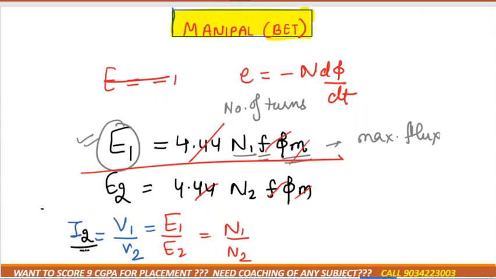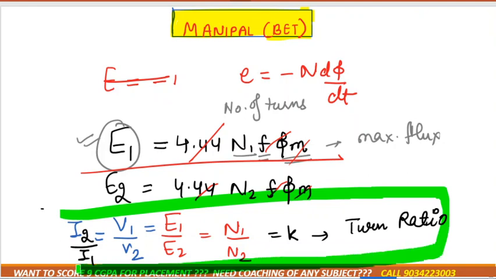So current would be I2 by I1 is equal to K, where K is the turn ratio. You should remember this formula, they can ask you what the turn ratio formula is in the case of a transformer, or maybe they'll give you a simple numerical based on it.